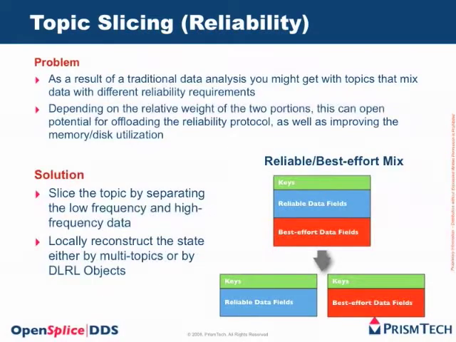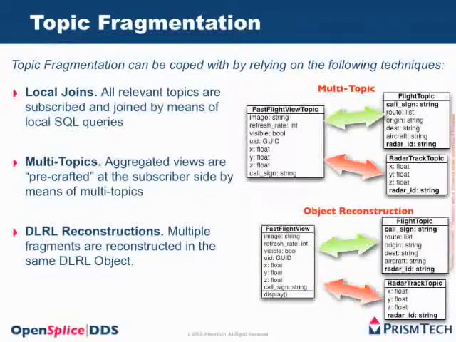So topic slicing can also be necessary for dealing with reliability, and as in the previous case, what you would do is slice the topic to ensure that you have homogeneous fields with the same reliability in different topics sharing the same key. As you see in this picture, the basic idea is that you have reliable data fields and best effort data fields mixed in the same object, because conceptually that's what your analysis brought you to design.